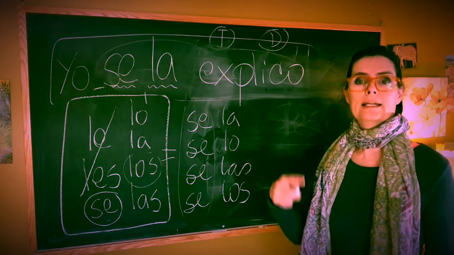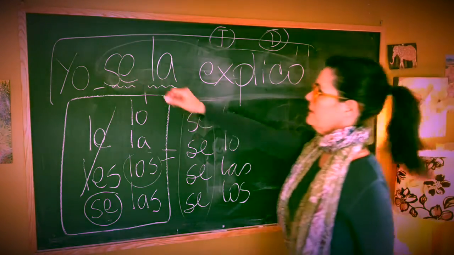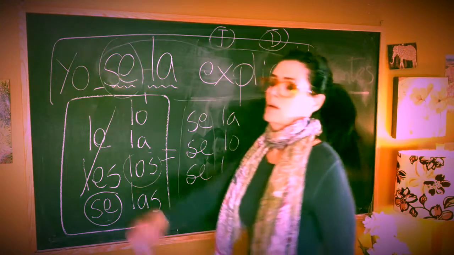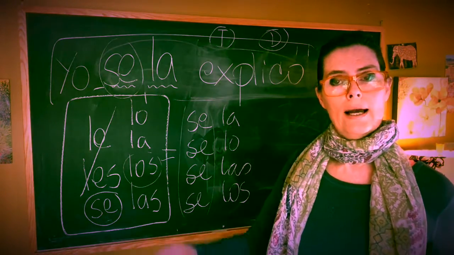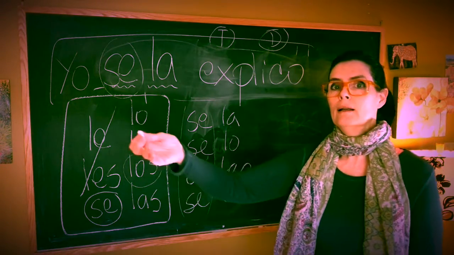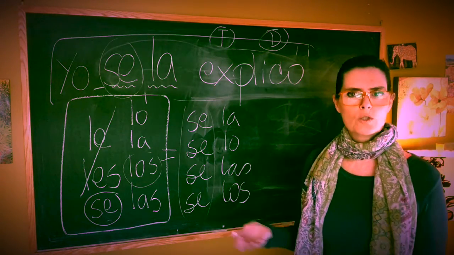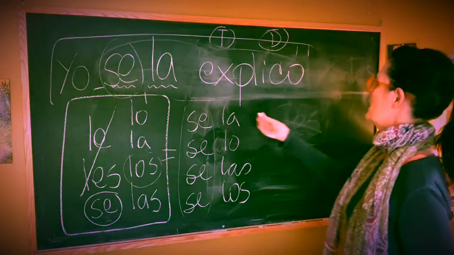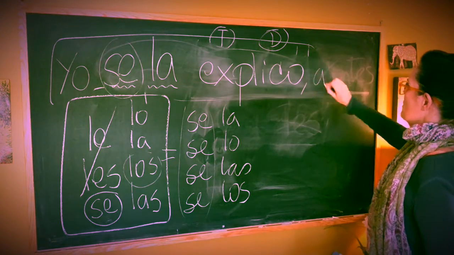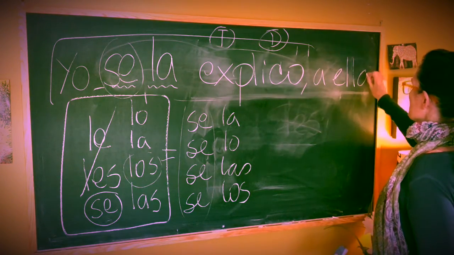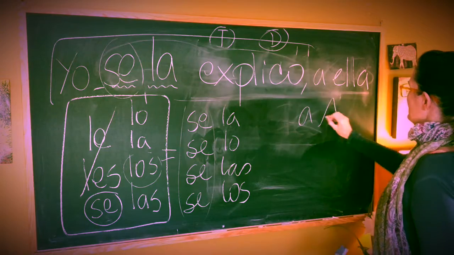I explained it to, and then you're thinking, is it a ellos, a ella, a él, a usted? We don't know. Usually we specify later and you say, yo se la explico, and then we say, for example, a ella, or a Ana.